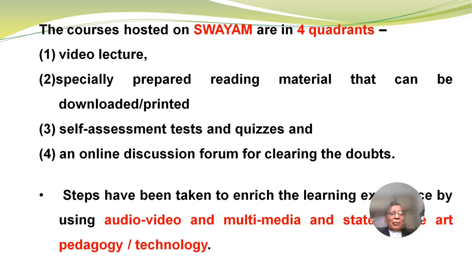Then the students can appear through self-assessment tests and quizzes and know how they are performing, how they are learning. Then if they have any doubts, there is an online discussion forum for clearing the doubts. So this is really learner-centric MOOCs because of these 4 quadrants.